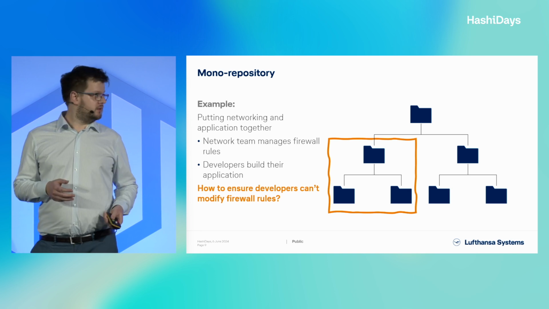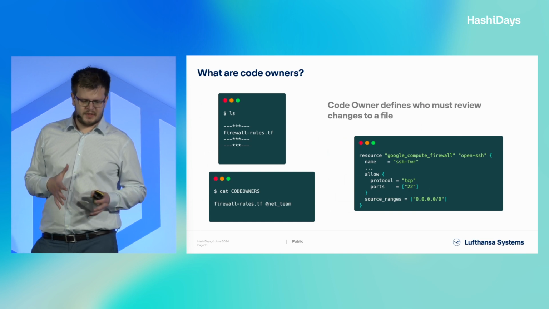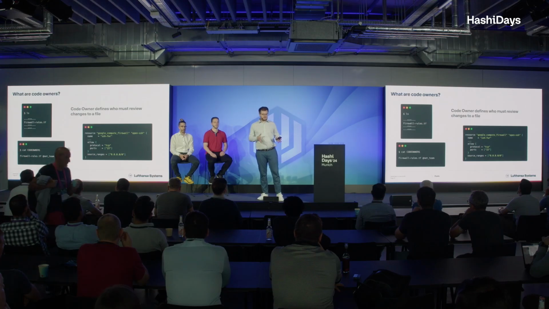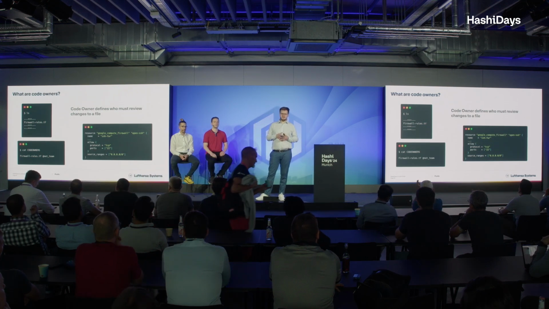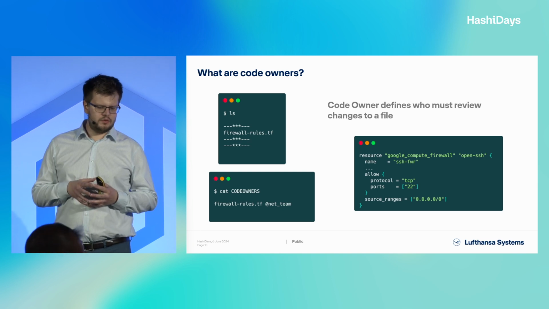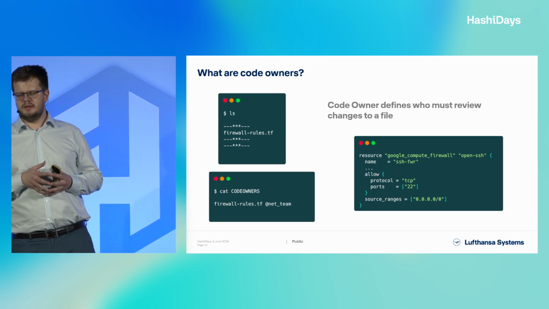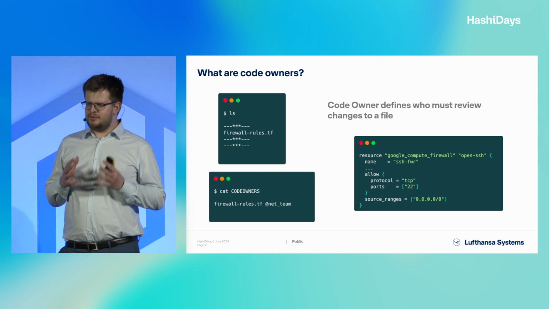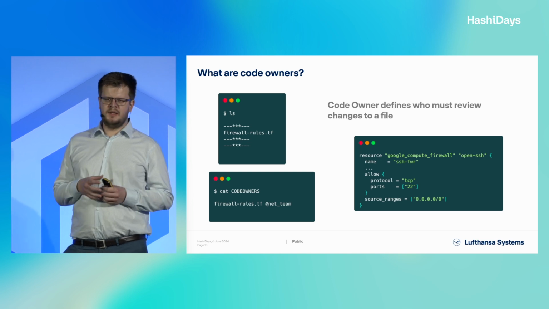Okay, so let's look at the setup. This is the setup of the monorepository. On the left side, you can see the files contained in it, multiple files, and one that is called firewallrules.tf. At the bottom, you have a code owners file that sets the networking team as the code owners of this one particular file.